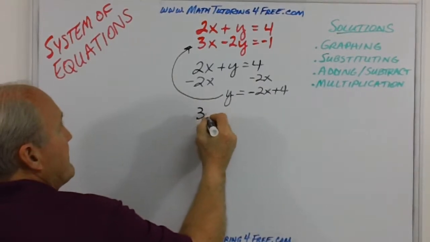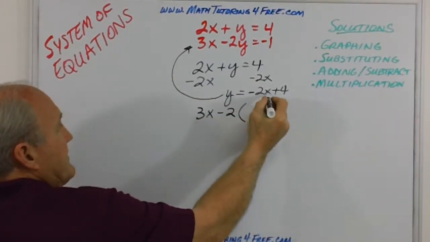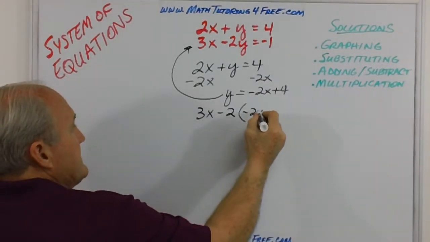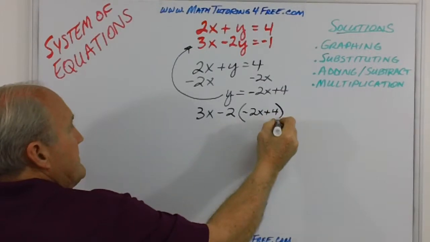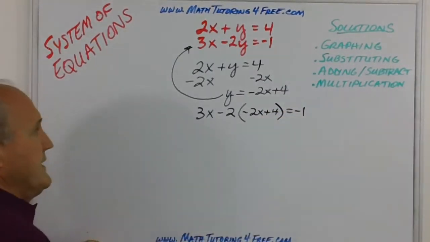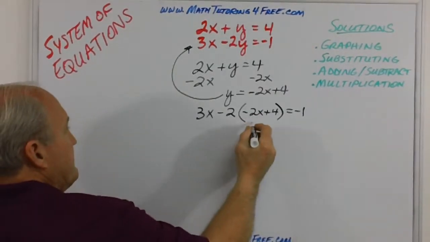By solving for y, we can then substitute that value right back into the second equation, and we now have 3x minus 2 times, and here's our value that we're substituting in, negative 2x plus 4, is equal to negative 1. Now if we solve this, distribute the negative 2.